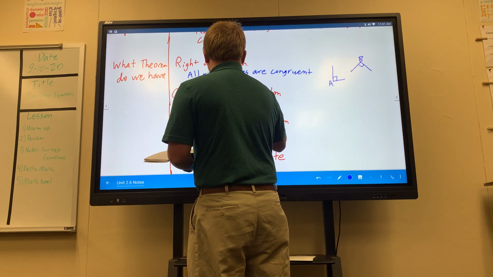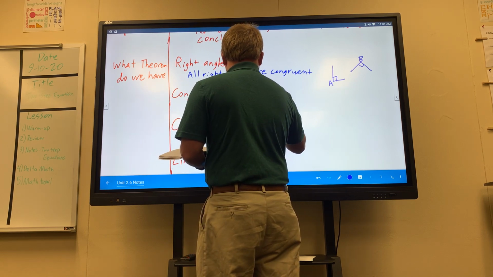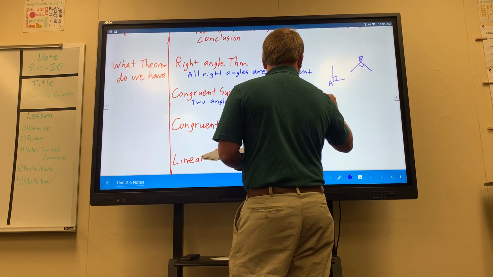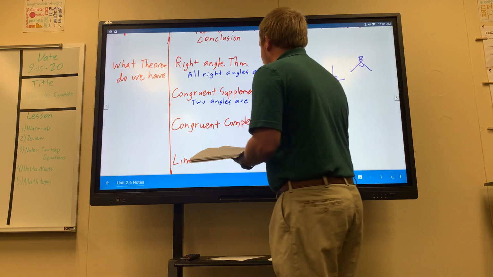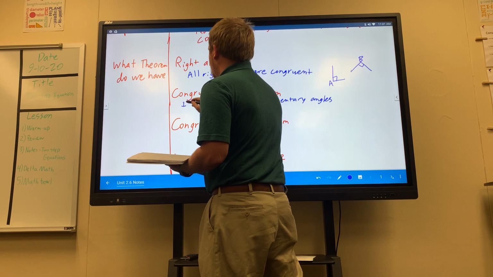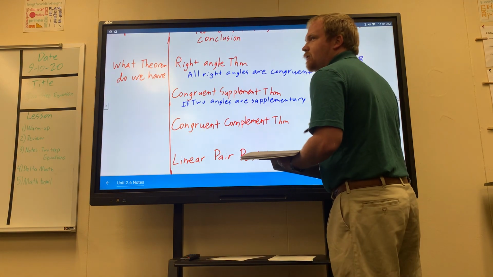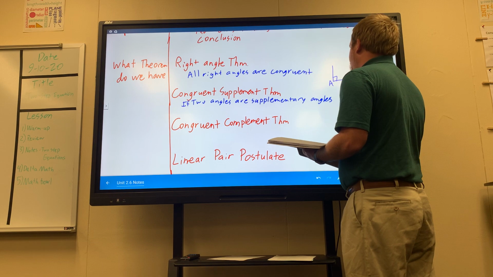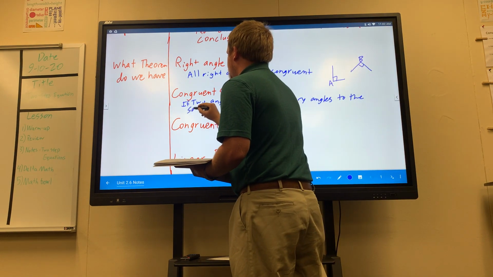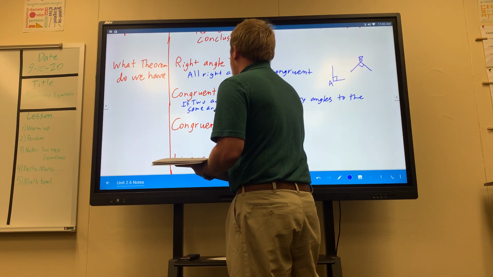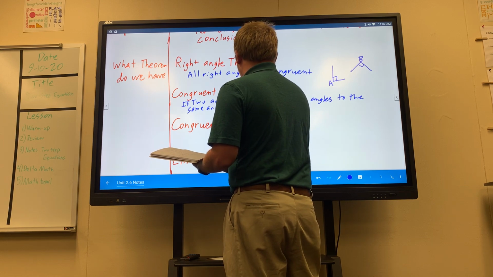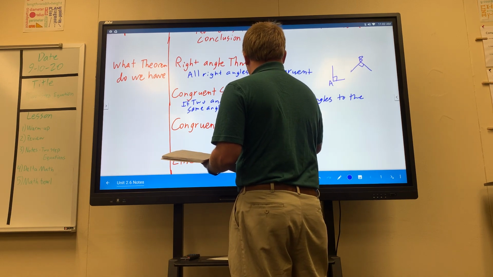If two angles are supplementary to the same angle, they are congruent.